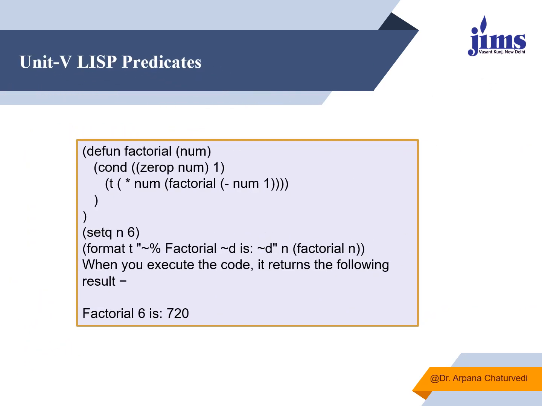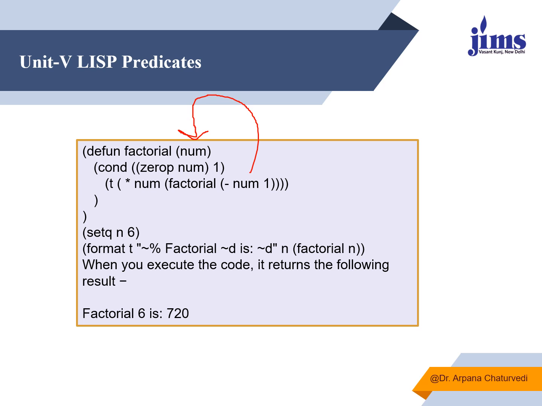We see an example in which we are using the 0p predicate. With the help of this example, we are creating a function factorial, which is implemented using the principle of recursion, because this function will keep on calling itself again and again for a fixed number of times. The name of the function is factorial, the argument is num.